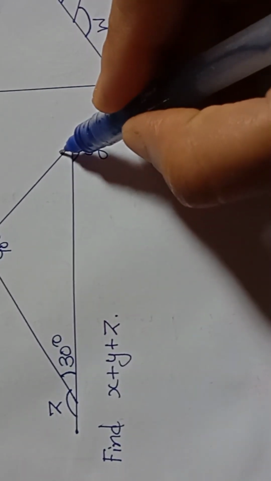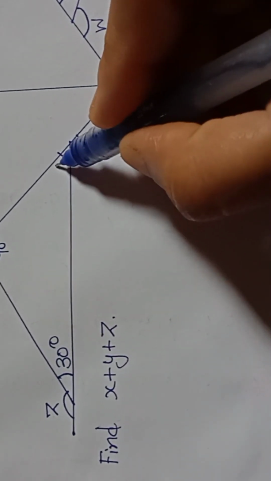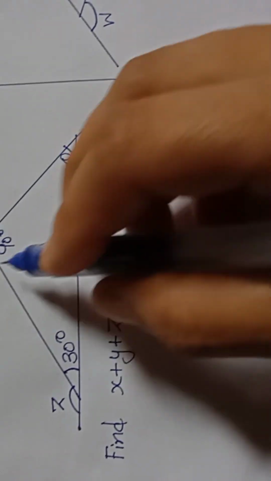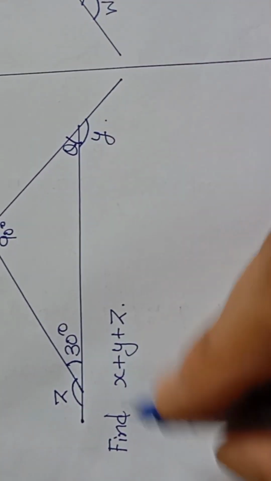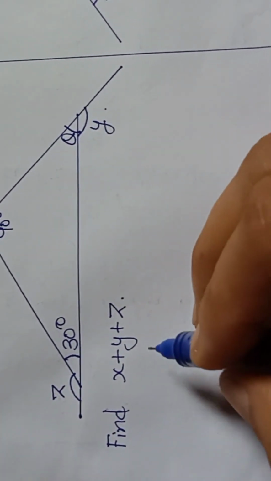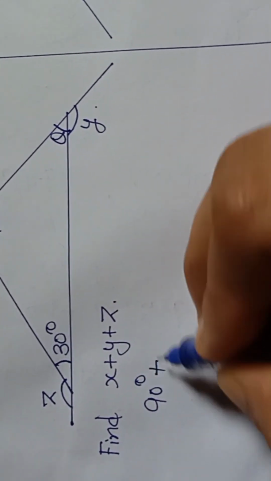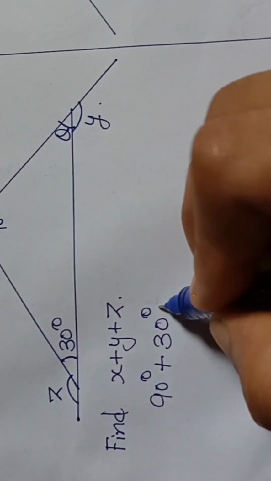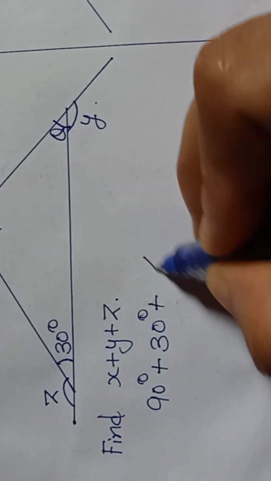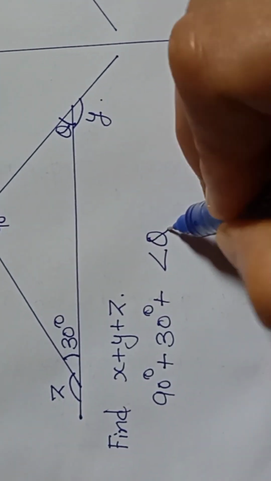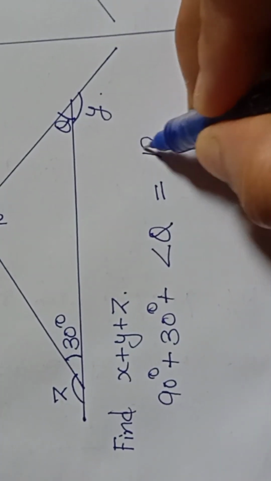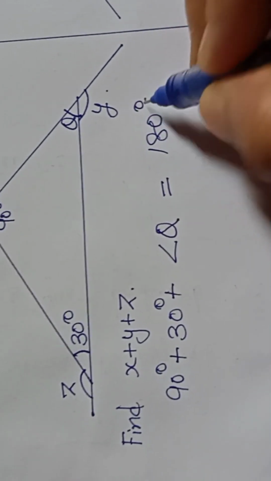Let us consider this is angle theta. So the sum of three angles of a triangle we all know is 180 degree. So you take 90 degree plus 30 degree plus angle theta, or angle q, whatever you want to take, that is equal to 180 degree.